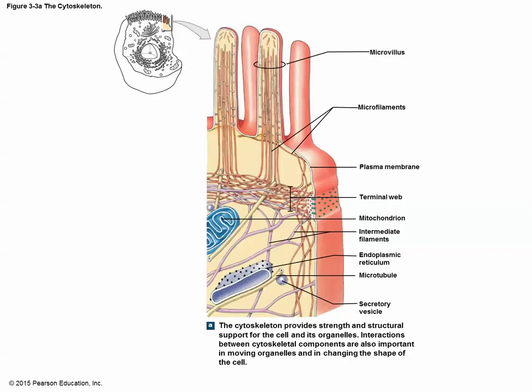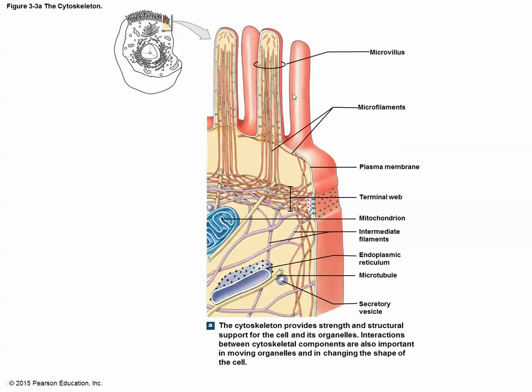Okay, so here we have a microvillus, that is one of many microvilli. These things increase the surface area for absorption. And all of these little things here are microfilaments. These are intertwined here across the cell at what we will call the apical surface of the cell.